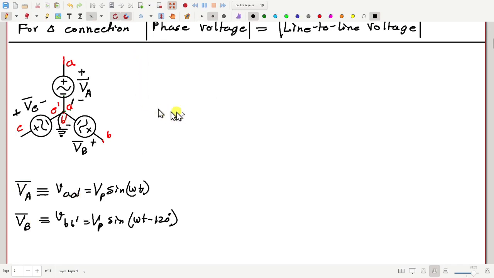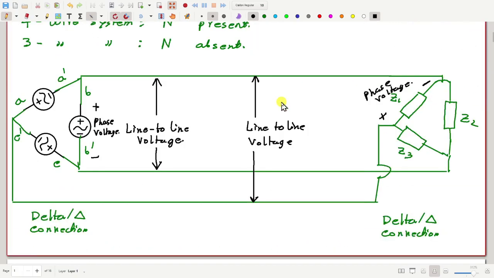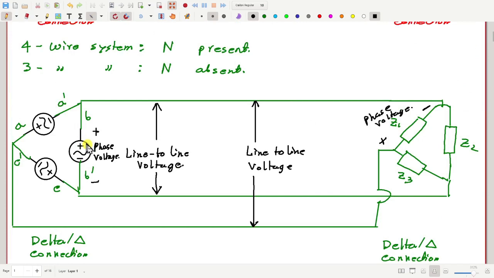Sir, I had one doubt. Yes, please. Sir, for delta connection, phase voltage is defined for one line? For delta, phase voltage is the voltage from B to B prime, that we can call phase voltage, or from A prime, that is also phase voltage.